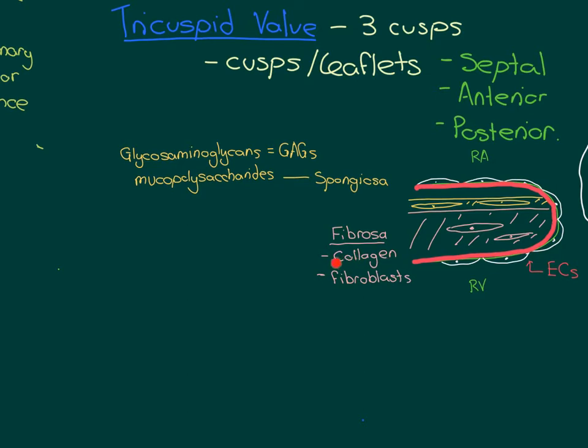So fundamentally, collagen fibers are made of protein, whereas glycosaminoglycan, or mucopolysaccharide, connective tissue is not made of protein. Instead, it's made of polysaccharides, so it's connective tissue made out of sugars, polymers of monosaccharides rather than polymers of amino acids.